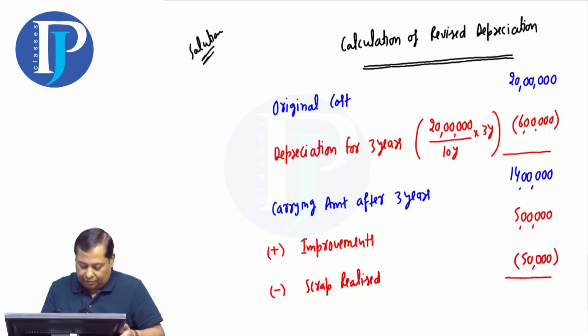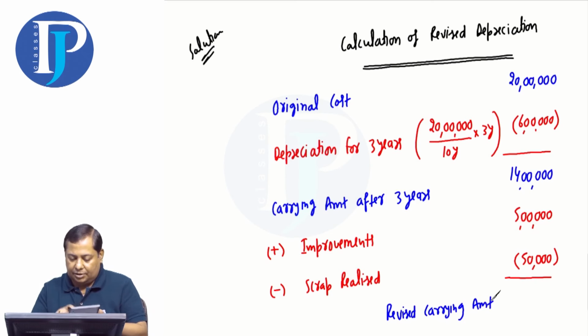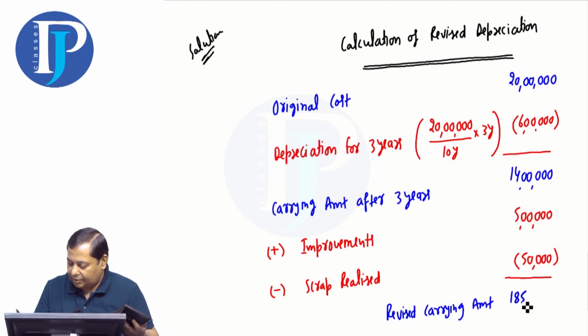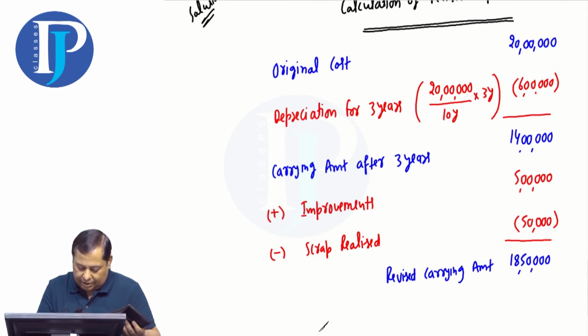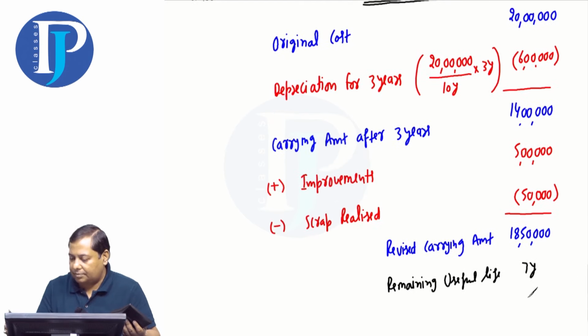Now please tell, what is the revised carrying amount? 14 lakhs plus 5 lakhs minus 50,000. This will be 18 lakh 50,000. Here we will write, just below the revised carrying amount, the remaining useful life, that is 7 years.